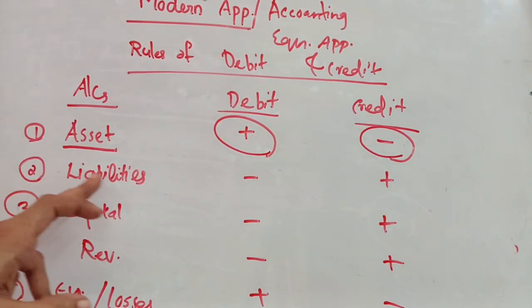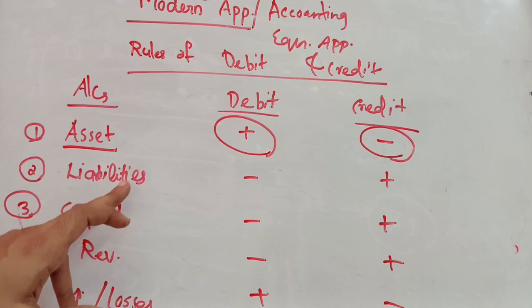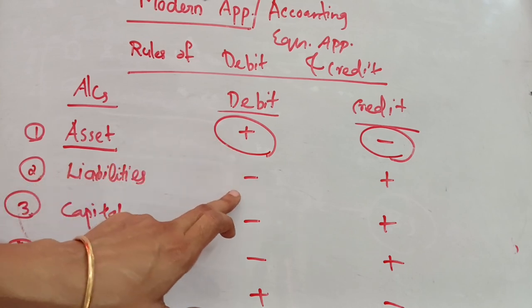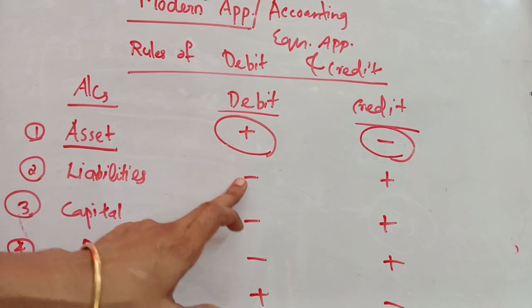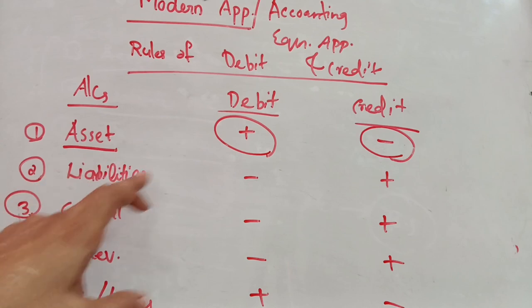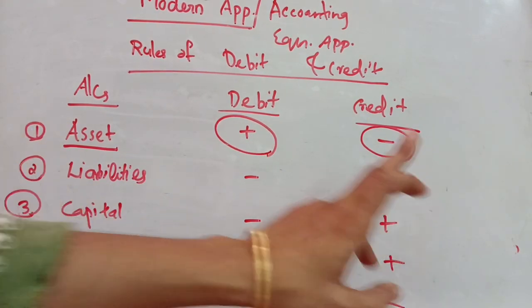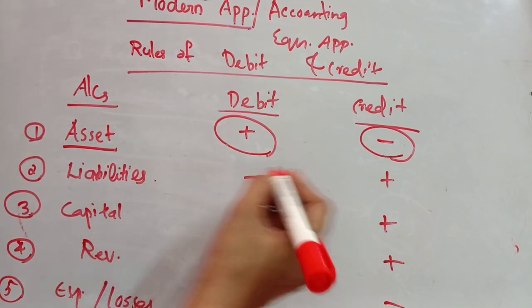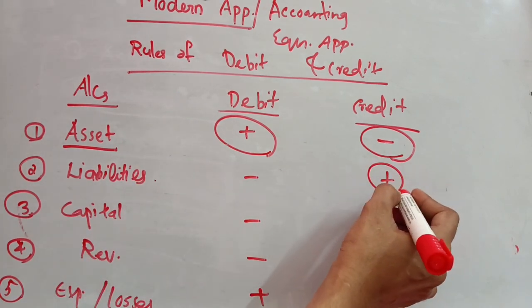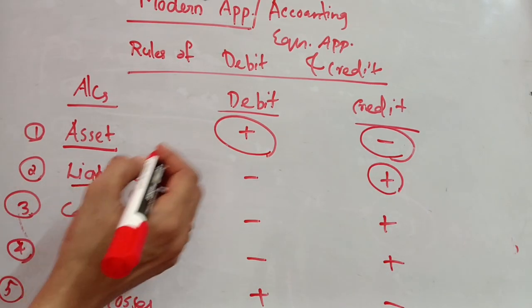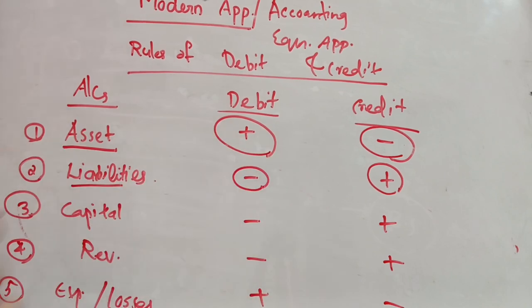Okay. Then about liabilities: liabilities accounts get debited when the amount of liability is decreased, and get credited when the amount of liability is increased. That is, if liabilities increase, then it should be credited. If liabilities decrease, then it should be debited.